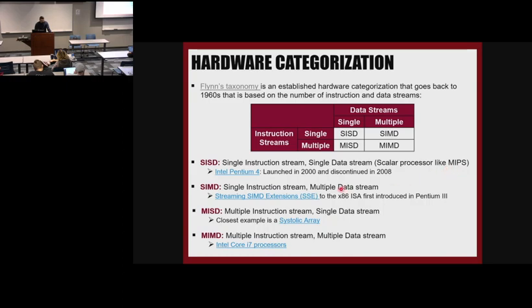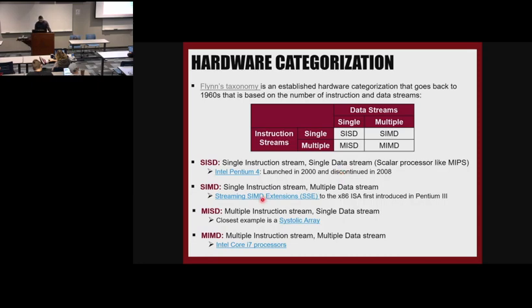MIPS is a good example. A more practical hardware, which is pretty old too, is the Intel Pentium 4. It was also single instruction, single data. It started in 2000 and they discontinued it in 2008. So this is pretty straightforward: you have one instruction stream and one data stream, and you're familiar with that.